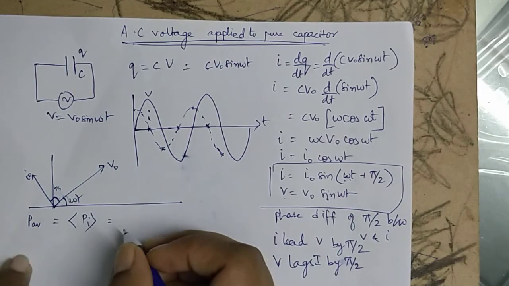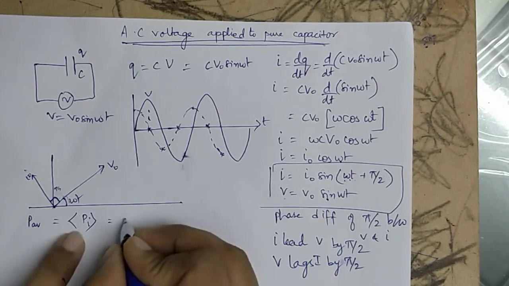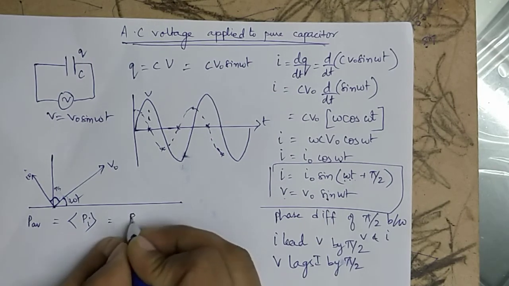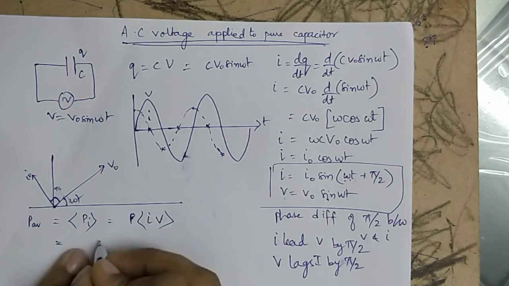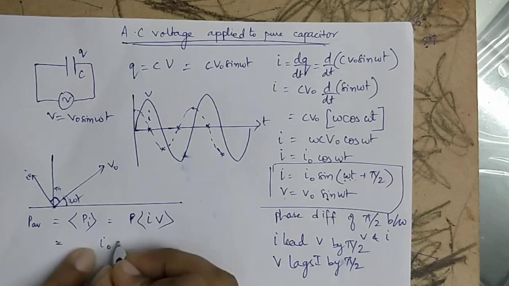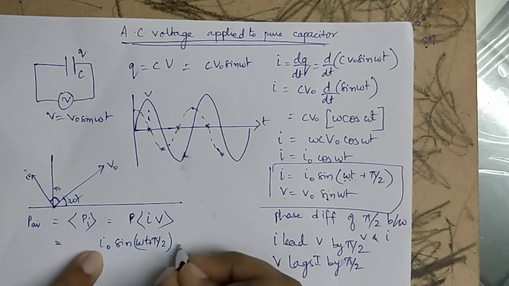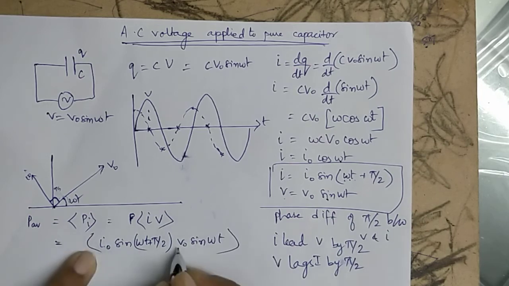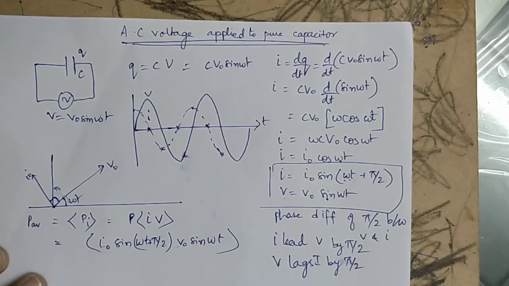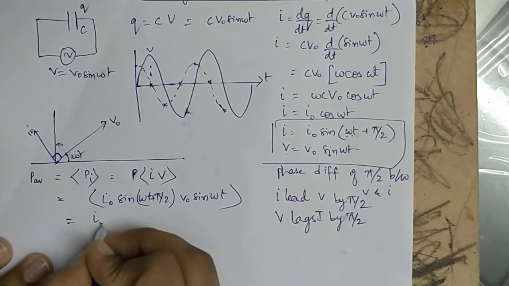Now for average power. The average power will be the average of I into V, instantaneous. So it will become I naught sine of omega t plus pi by 2 into V naught sine omega t, average of this. I naught V naught are constant throughout the average, so you can take them out.